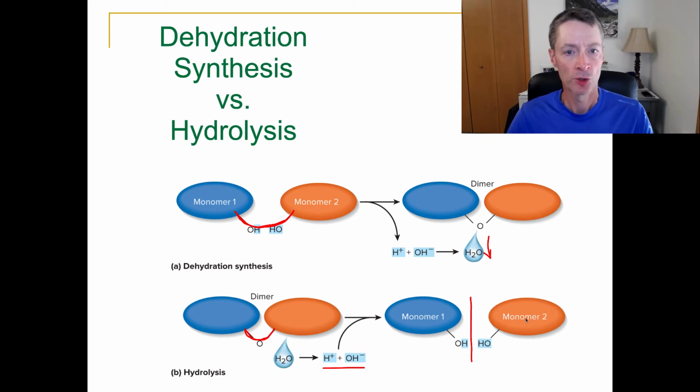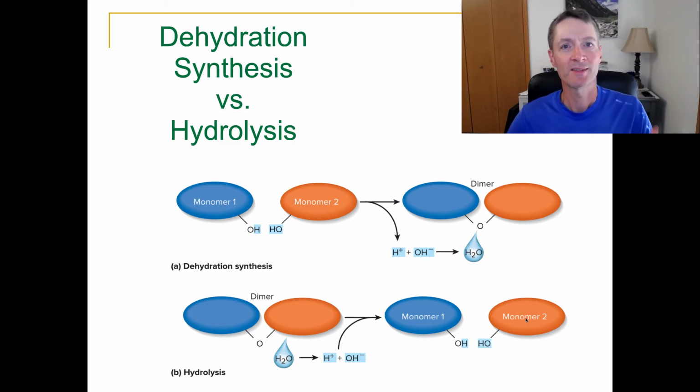All right? So there's two kind of common things going on. If we want to build up a molecule, a lot of times water will come away from that, and we'll have dehydration synthesis, and then hydrolysis would be taking place if we're breaking these down.